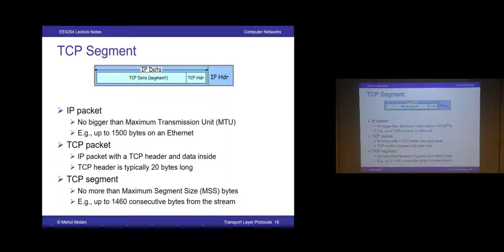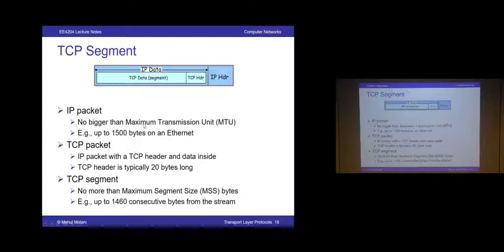The network layer payload is the TCP segment, with its own TCP payload and the TCP header. Typically the TCP header is about 20 bytes long, right? So this is the header size here, and the maximum segment size is some number. For example, here I said 1460 consecutive bytes. So that's a possible value of the maximum segment size.